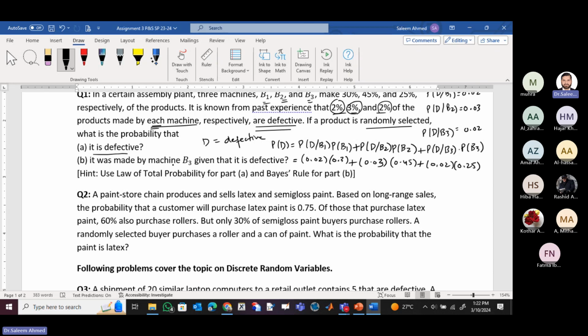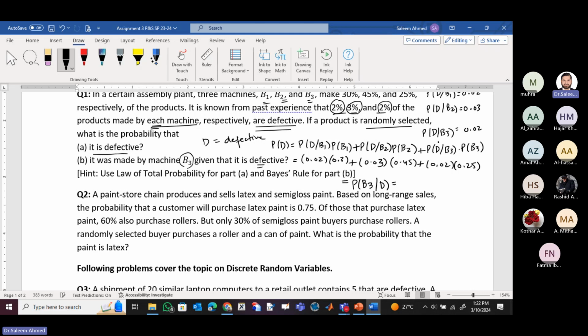For part B, we need Bayes law. They tell me that it is made on B3. Now, what is the probability that it is defective? Sorry, what is the probability that it is made on machine 3 given that it is defective?